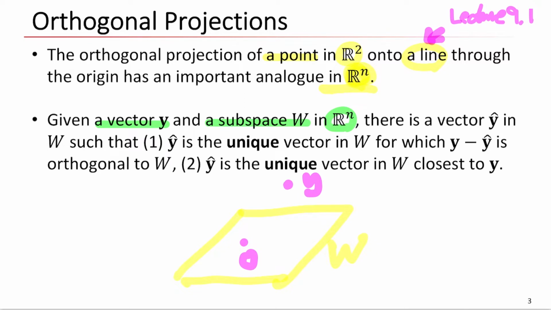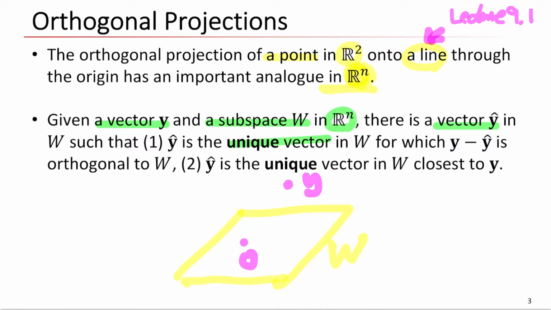There is a vector y hat in W, the unique vector in W for which y minus y hat is orthogonal to W.